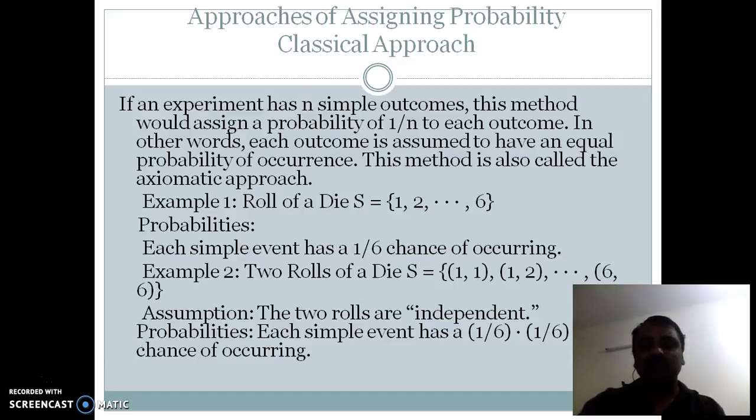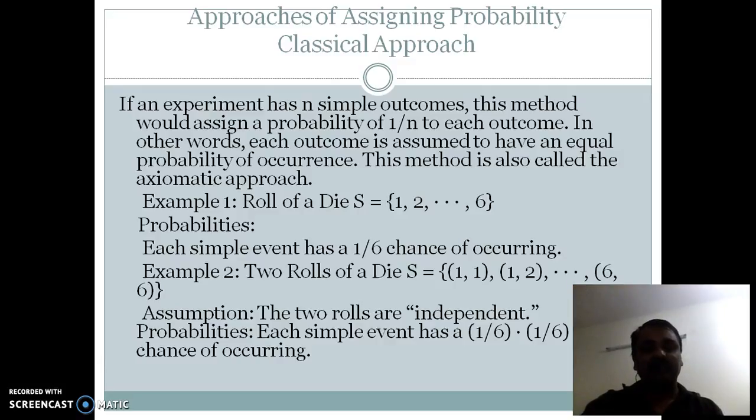This method is also called the axiomatic approach. Example 1. Roll of a die, S = {1, 2, ..., 6}. Each simple event has a 1/6 chance of occurring based on the principle of equal likelihood.